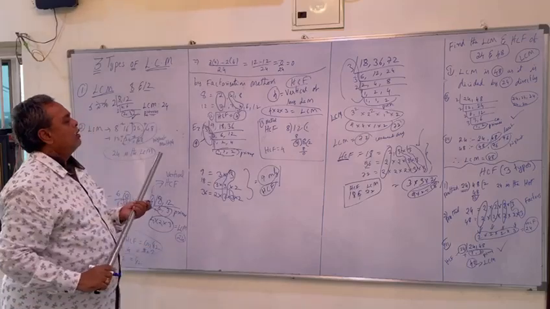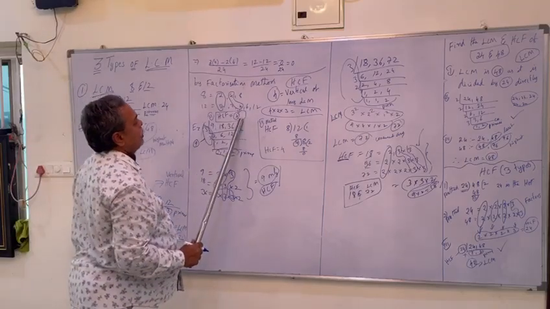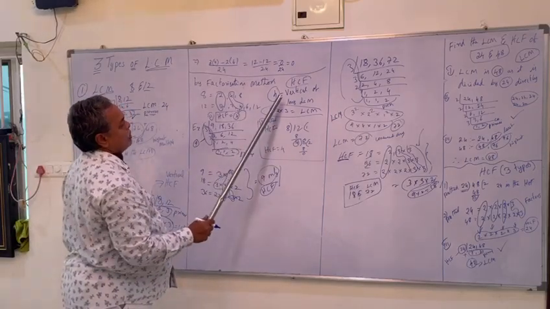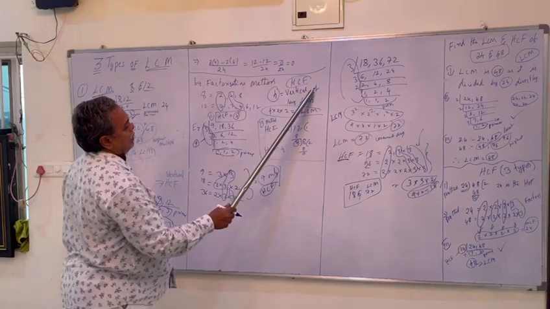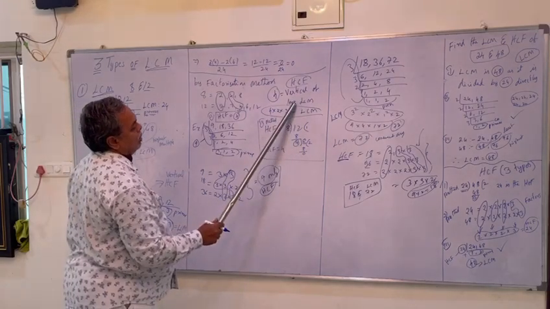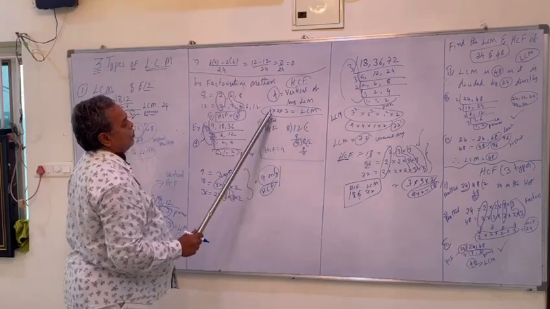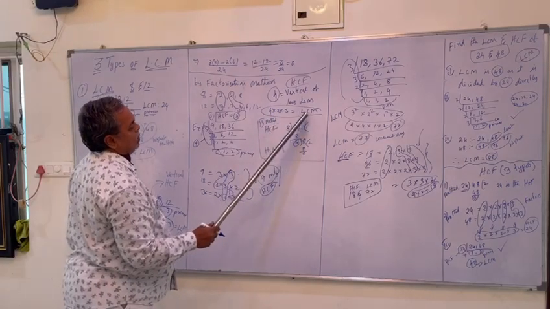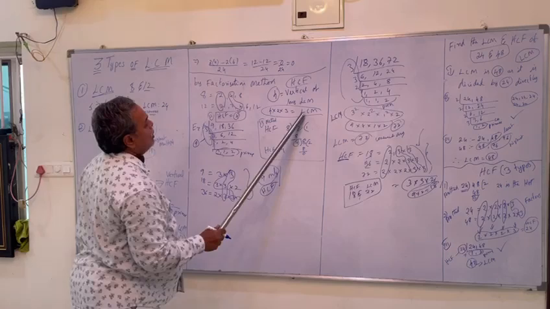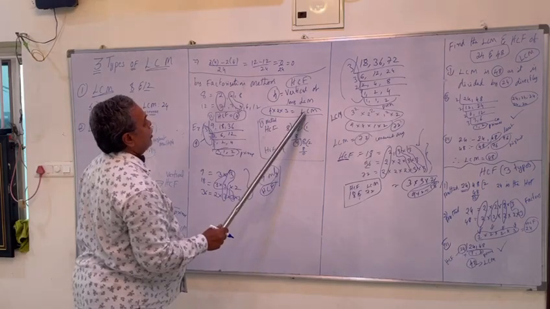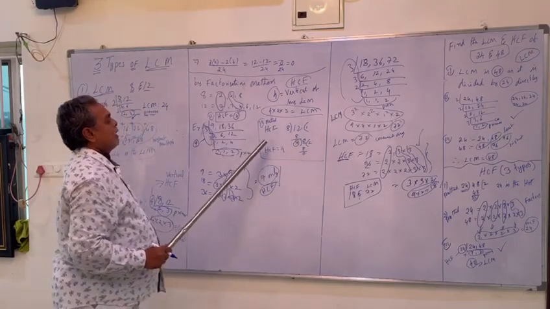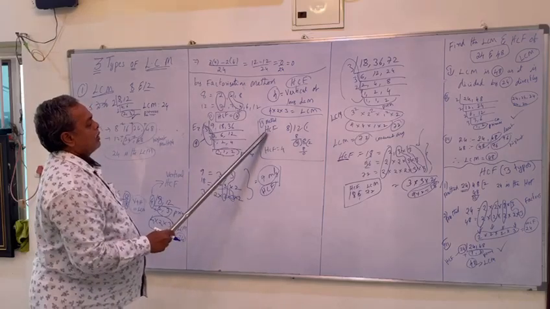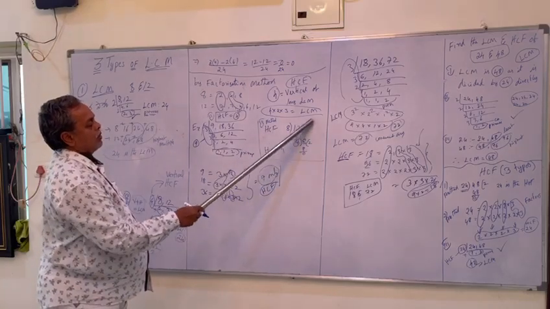This is another type. Here 4 is the vertical number of the long division, and 4 into 2 into 3 is the LCM of 8 and 12. Now the other method is the long division method.